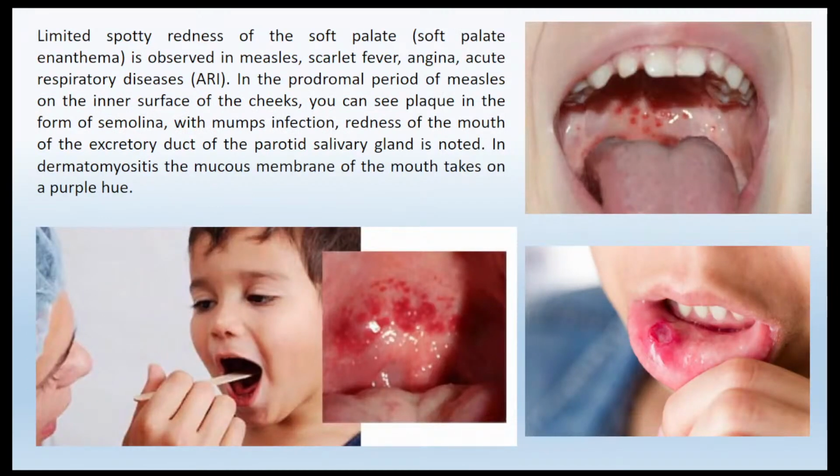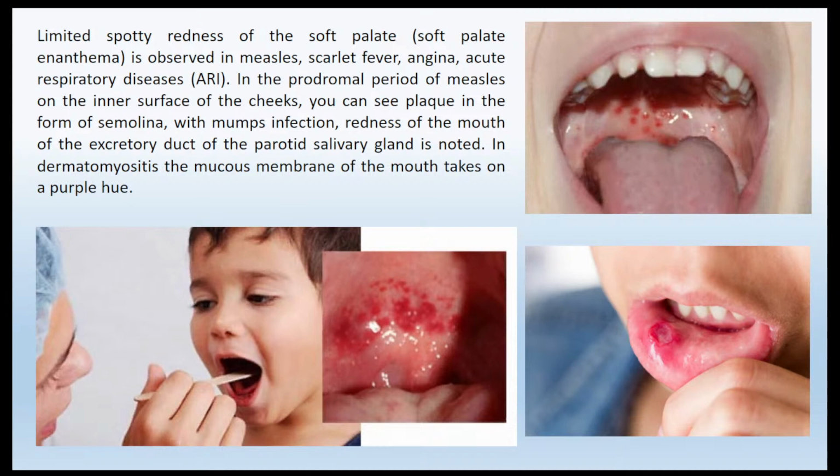Limited spotty redness of the soft palate is observed in measles, scarlet fever, angina, acute respiratory diseases. In the prodromal period of measles, on the inner surfaces of the cheeks you can see plaque in the form of semolina.